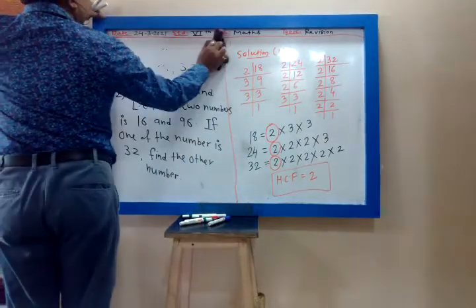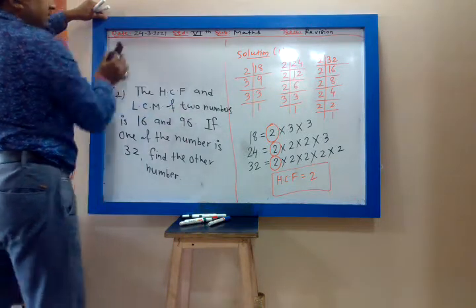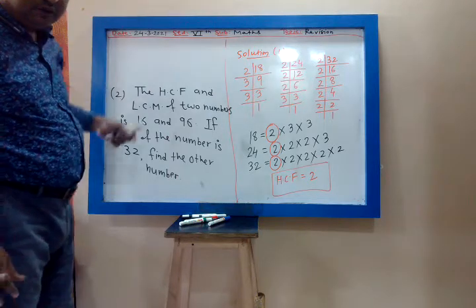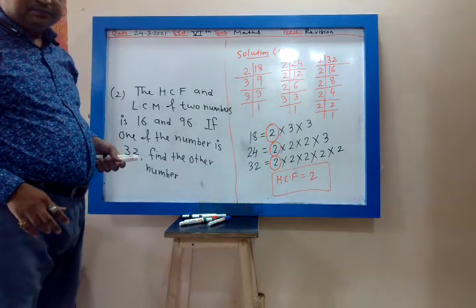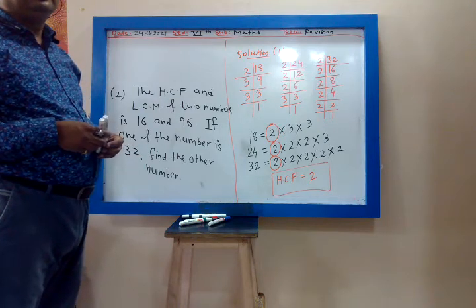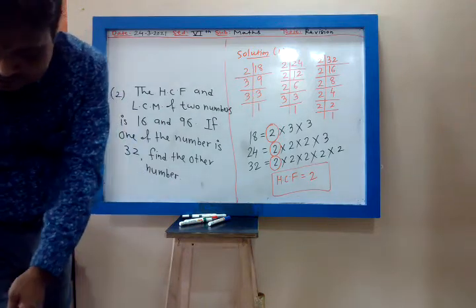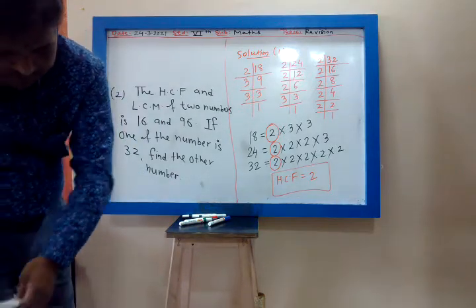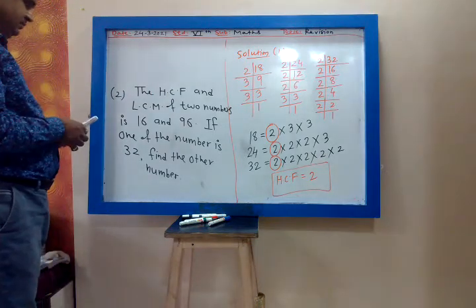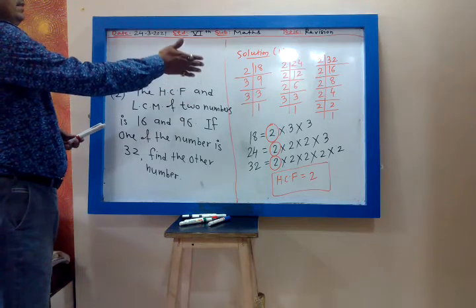My dear, you write it fast, no? What happened? I will remove you from the group. If you do not behave like a student, you will be removed from the group. I have given you time to write, no?